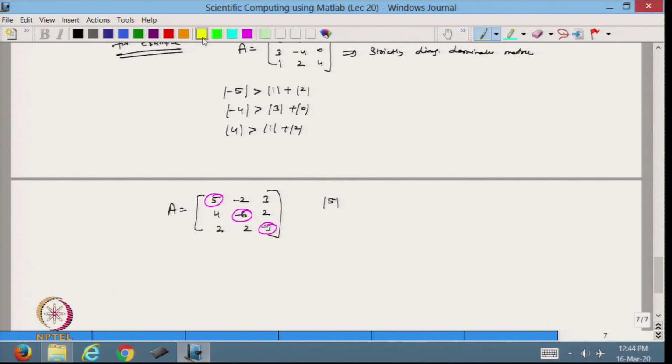In this case, this 5 is equal to the first row sum. Second, minus 6 is 4 plus 2. Then the last one, minus 3, is less than 2 plus 2. So, here it is not satisfying this condition. So, not diagonally dominant.